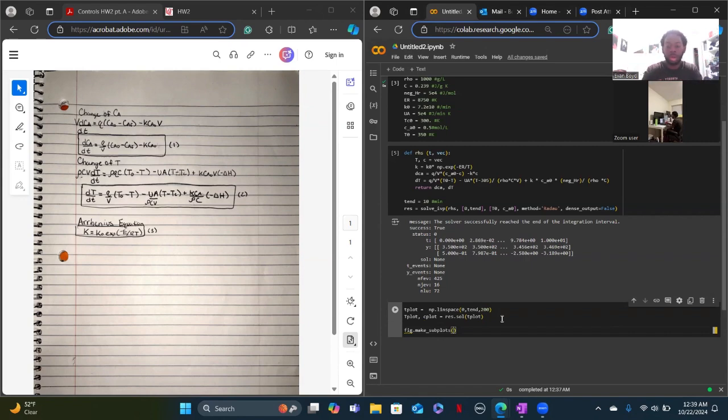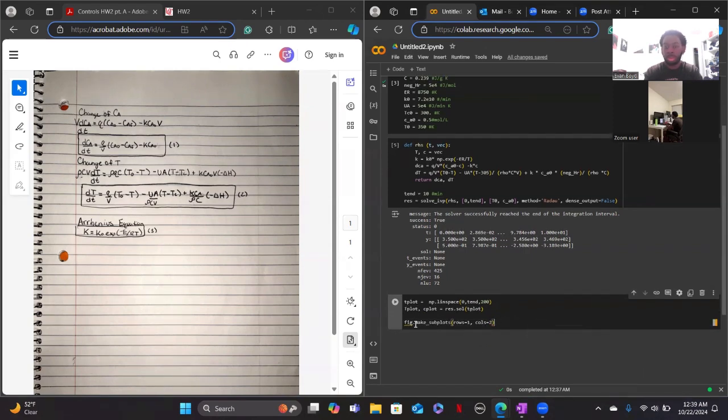So rows is equal to one row. So it'll be on one row, but we need two columns for the row. And then columns equal to two. Yeah, that's right. Okay.